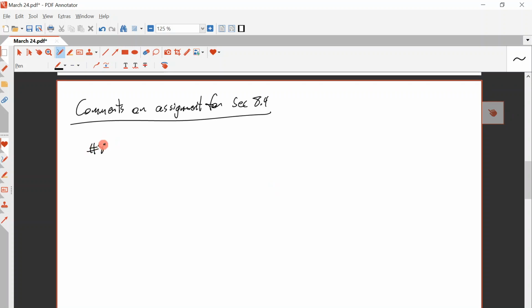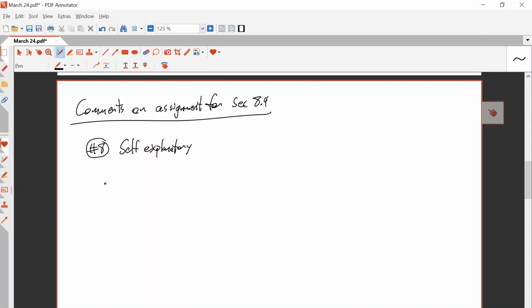Number 8 is pretty self-explanatory. It just gives you a function, a homomorphism, and asks you to verify that it's a homomorphism and find its kernel. So, that's just a basic sort of problem for this section.